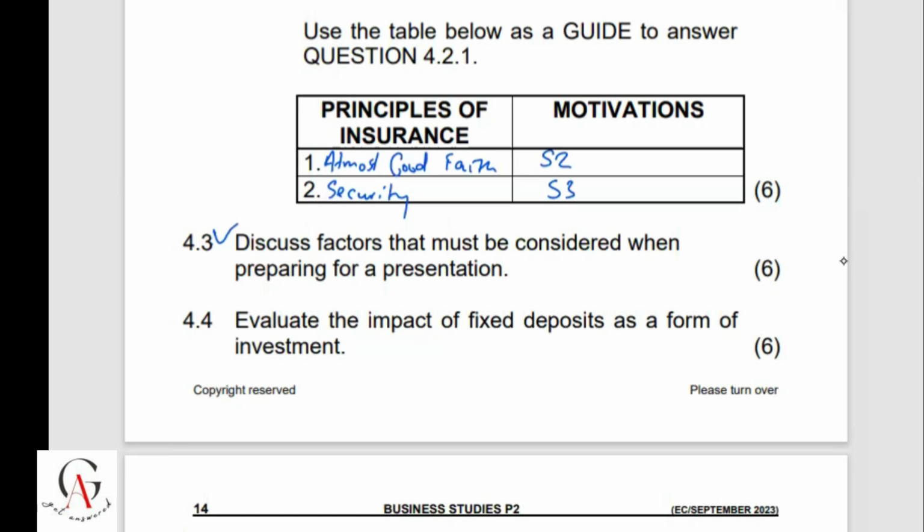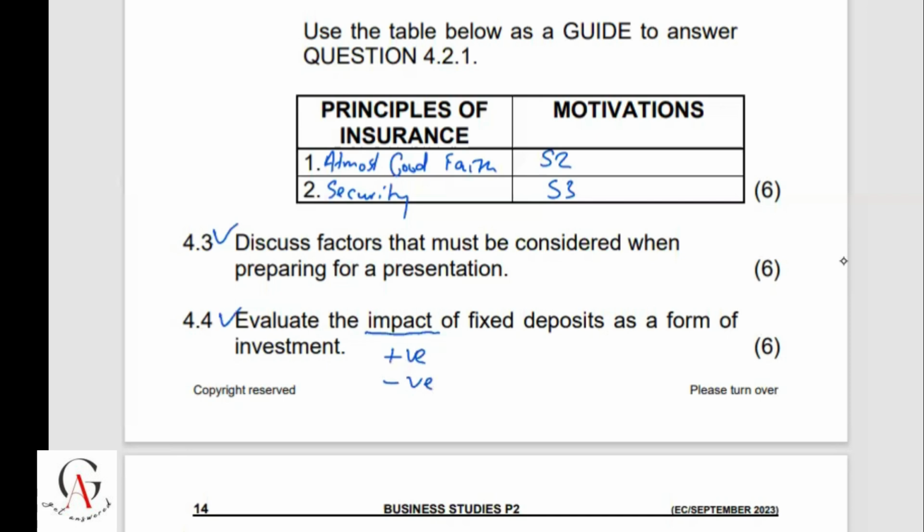Okay, right. So now let's check our 4.4. So now our 4.4 reads as follows. Evaluate the impact of fixed deposits as a form of investment. The question only expects you to give the impact, so in this regard, you are expected to give both negative and positive.